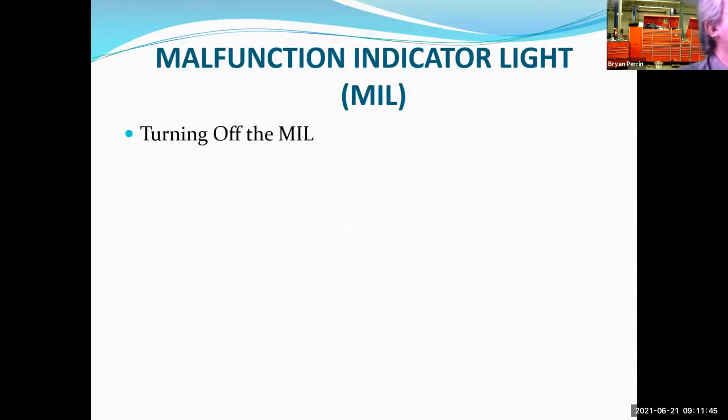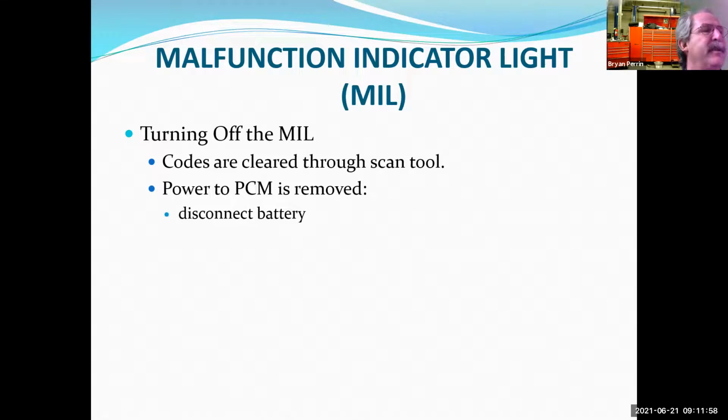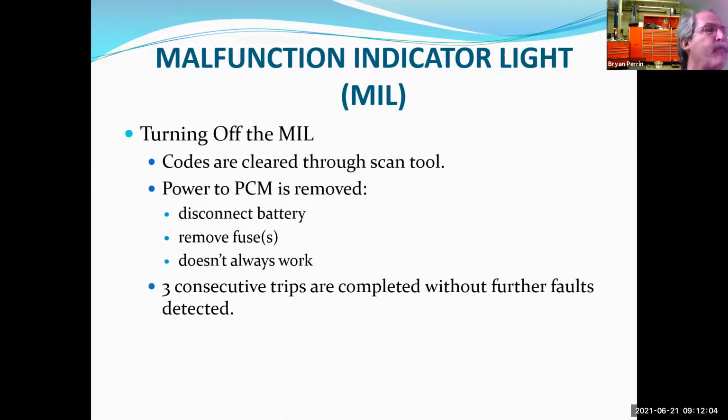So to turn off the mill, I can clear codes through a scan tool using mode 4. I can remove power from the PCM, which may work by disconnecting the battery, disconnecting the fuse, or removing the module, but it doesn't always work. Or we can have 3 consecutive trips completed without any further faults detected for the system that set the code.